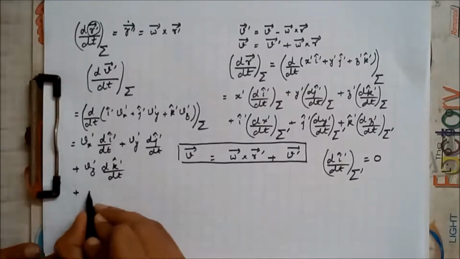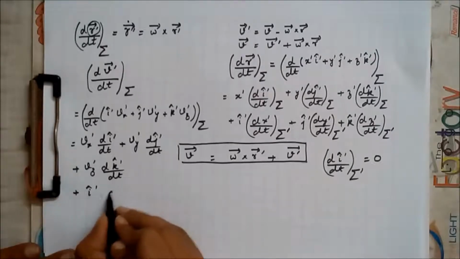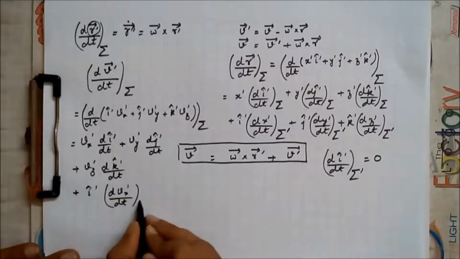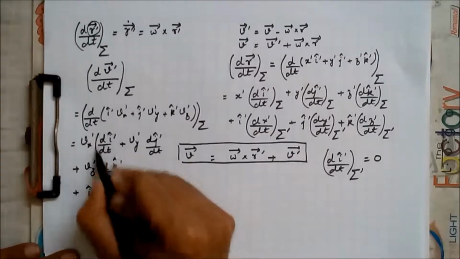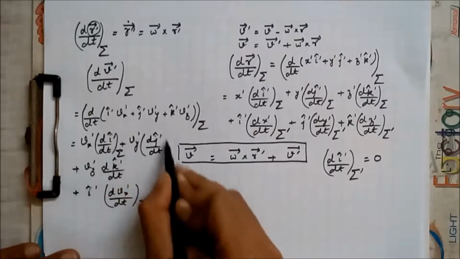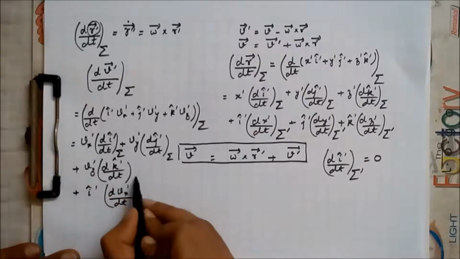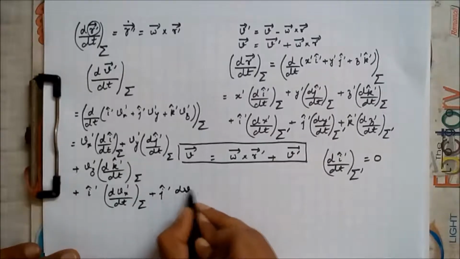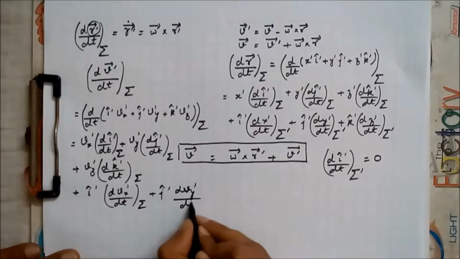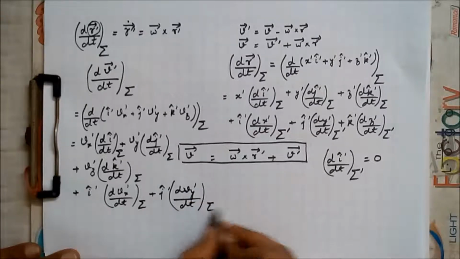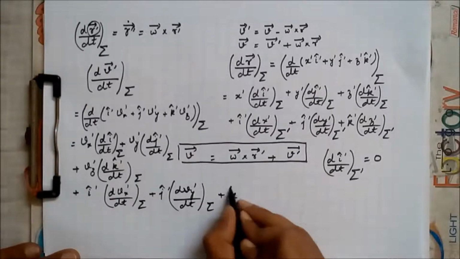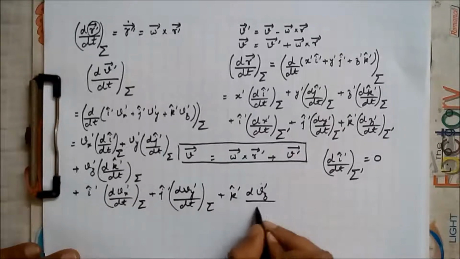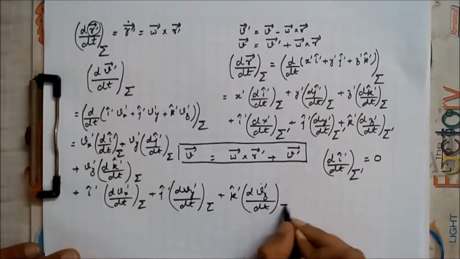We have more terms: i cap primed d vx primed over dt as done in the sigma frame, all of these also done in the sigma frame, plus j cap primed d vy primed over dt as done in sigma, plus k cap primed d vz primed over dt as done in the sigma frame.